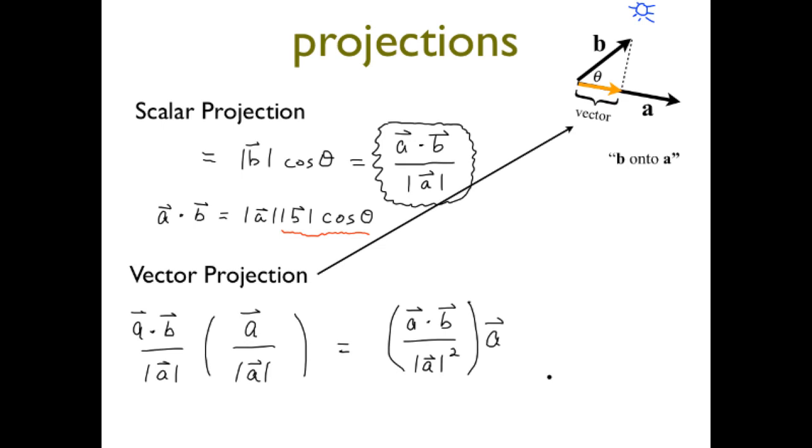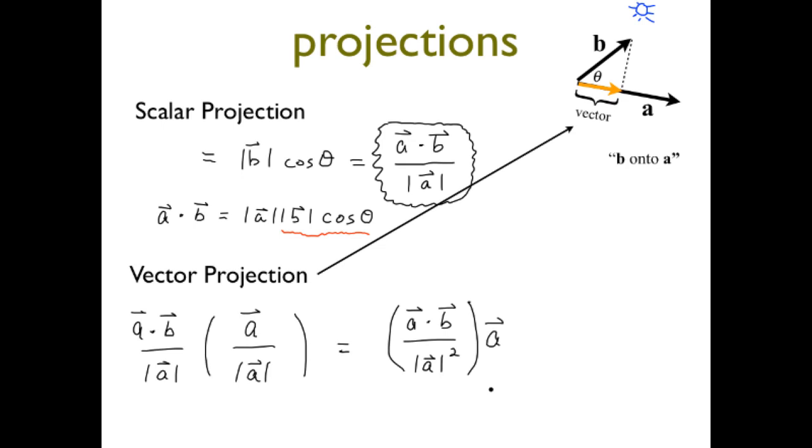You can do a roundabout way to solve this problem, but it'll be maybe 3 times the length of the solution you would have if you recognize that projections apply, and you can apply either the scalar projection formula or the vector projection formula. It's going to make your solution much more efficient. So be on the lookout. Even though it might not tell you to use projection, have it as a tool at the ready to see if it will fit.